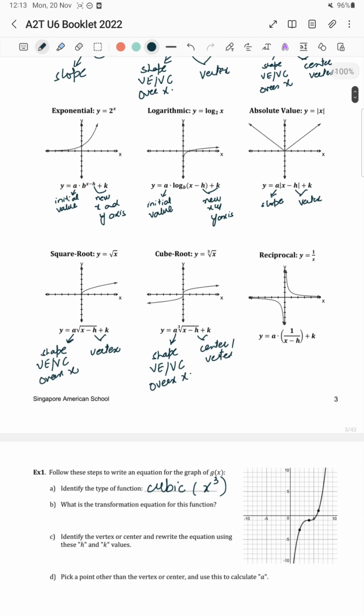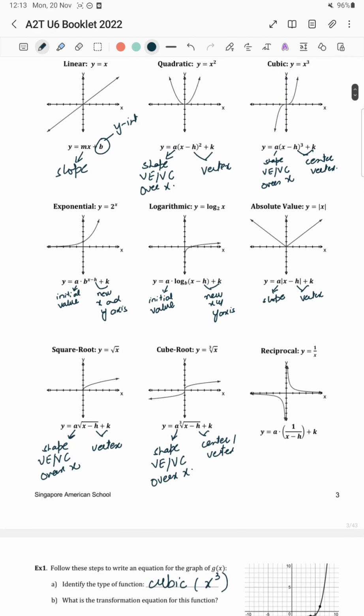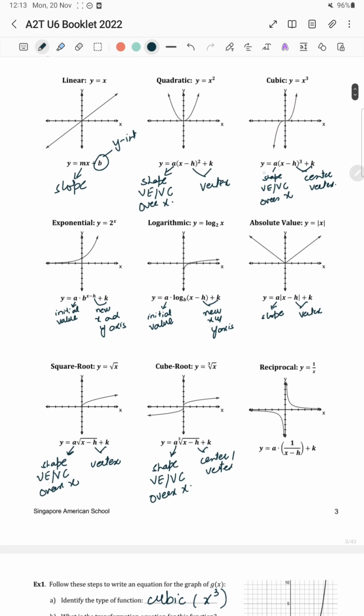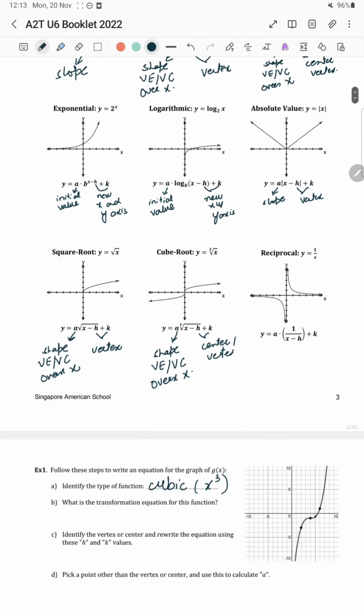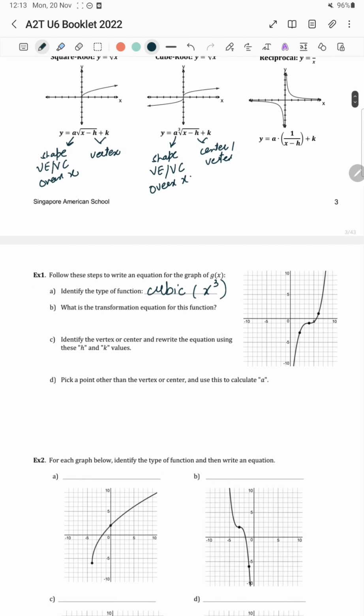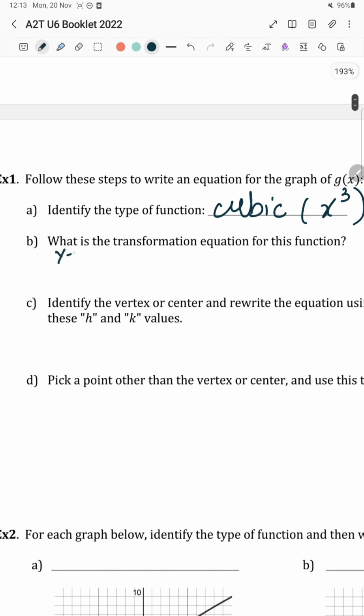The cubic function is y is equal to a times (x minus h) whole cubed plus k. So the main equation is y equals a(x minus h) cubed plus k.